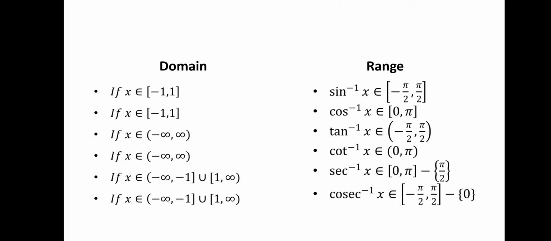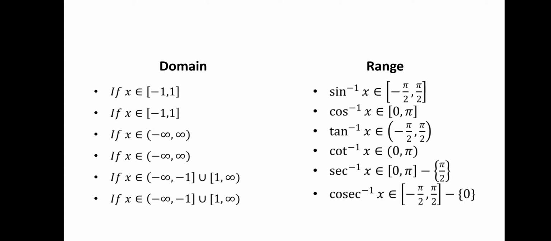That means if x is any value taken between minus 1 to 1, then sine inverse x is basically an angle which lies between minus pi by 2 to pi by 2. Then if x lies between minus 1 to 1, again cos inverse x will lie between 0 to pi.